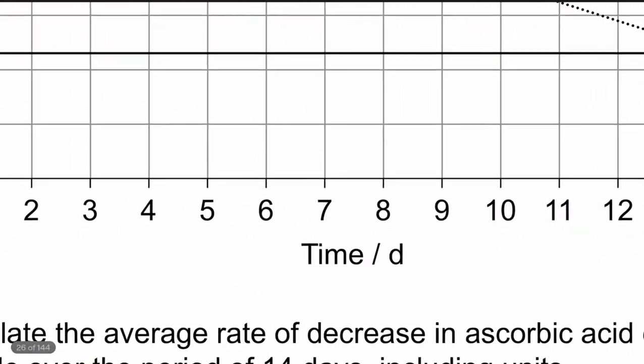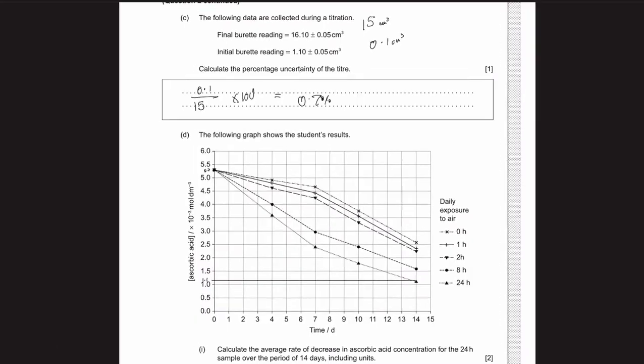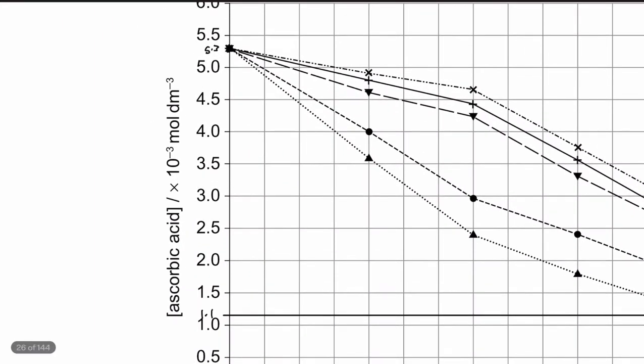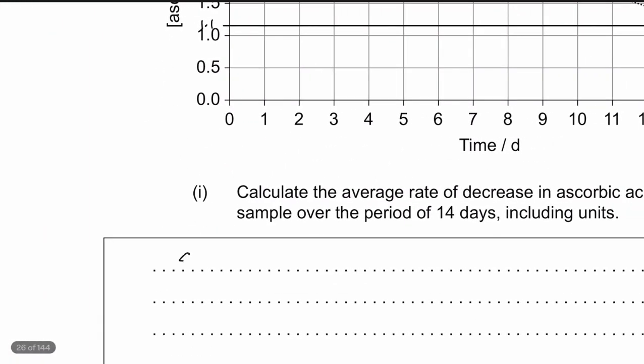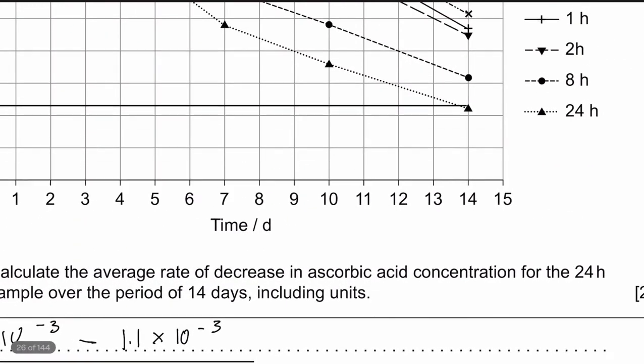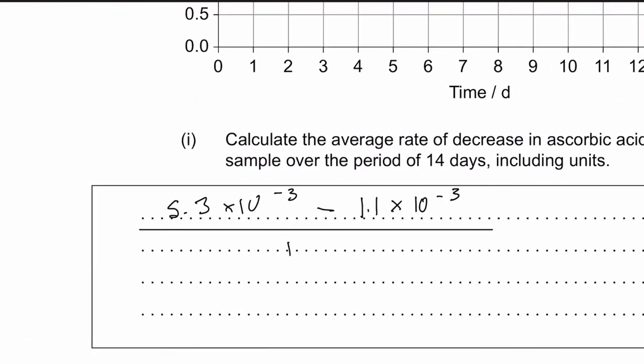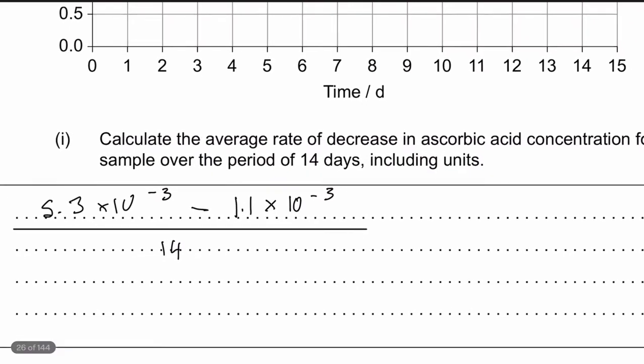The units are times 10 to the minus 3. So we have 5.3 times 10 to the minus 3 minus 1.1 times 10 to the minus 3, all over our time duration, which is 14 days. You can just leave it as days because that's going to be our final unit.